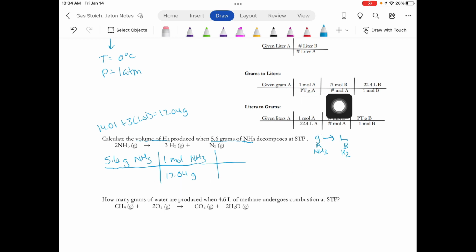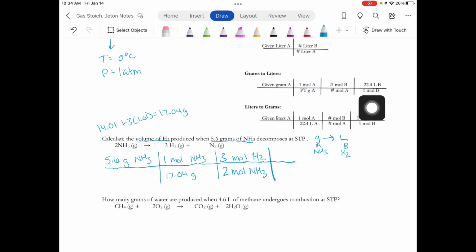Now we're going to put the moles from the balanced equation. So moles of NH3 and our moles balanced equation is 2. On top, we've got moles of B, which is going to be our H2. And we've got 3 moles on top.